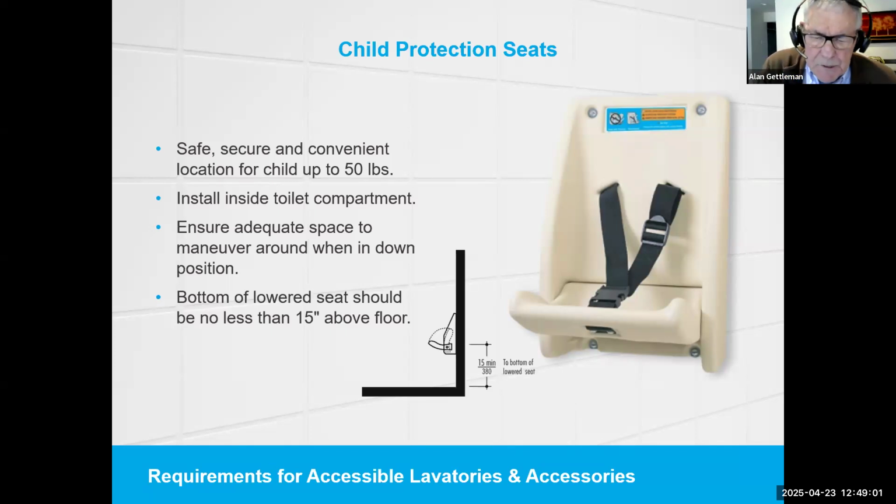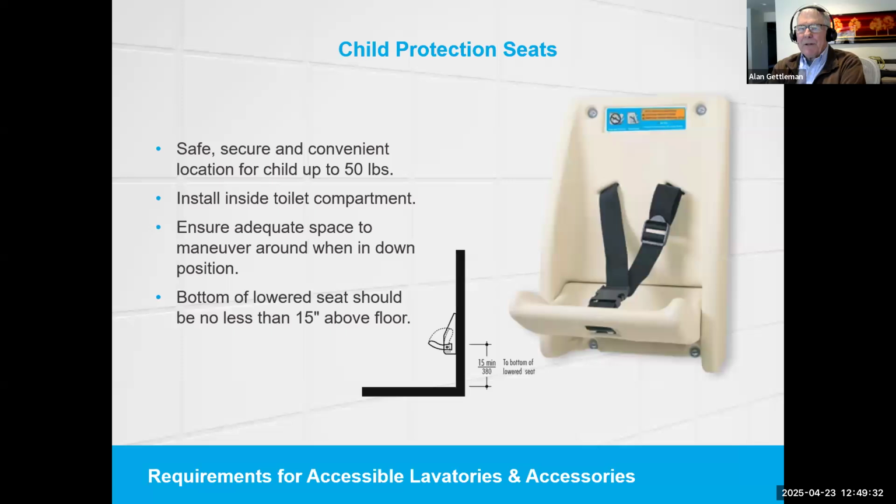The ADA standards and the A117 standards have no reference to tilting mirrors. I know tilting mirrors have been very common in healthcare facilities and nursing homes because they provide visibility for someone seated in a wheelchair, but they're very difficult for the able-bodied to use.